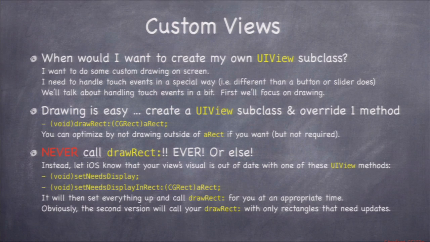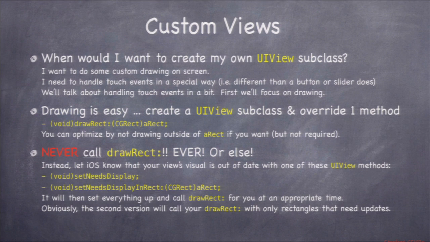So really important. Never call drawRect. If you call drawRect in a homework assignment in this class, you are going to get dinged because I'm putting it in red, never, and I'm telling you, don't ever call drawRect. drawRect is for the system to call. Okay? If you want your view redrawn, you call the method setNeedsDisplay. And that tells the system this view needs to be redrawn. And then the system will call drawRect at an appropriate time.